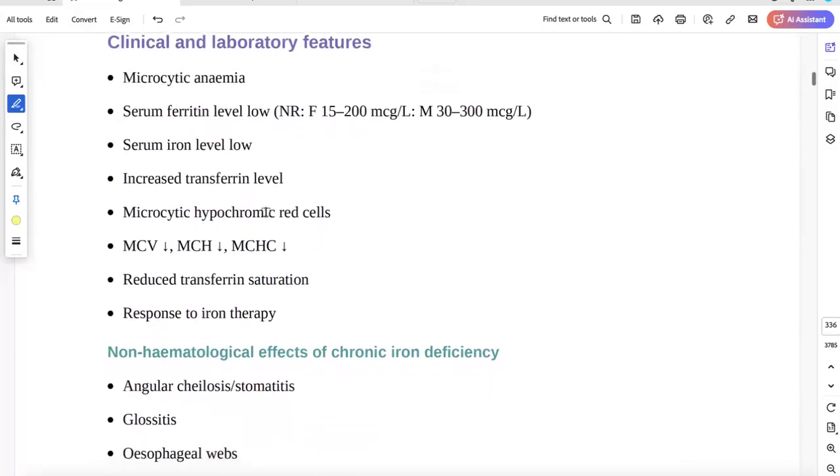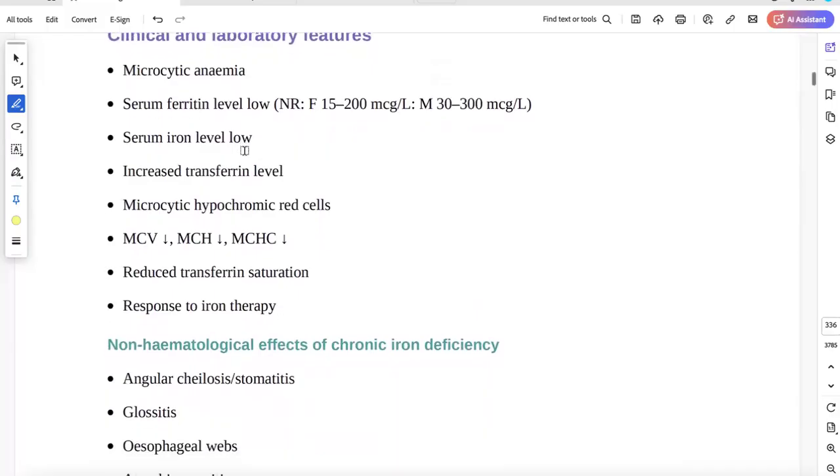So, clinical features. Definitely the patient will have features of anemia, as we already know. And when we do the lab finding, microcytic anemia will be there. The main finding in iron deficiency is the serum ferritin level. Ferritin is the storage form of iron, so this storage form of iron will be low.